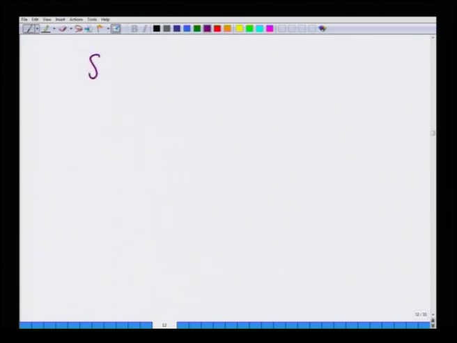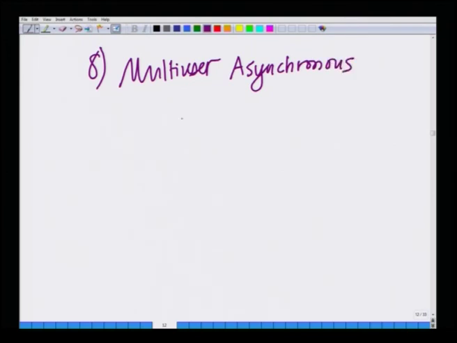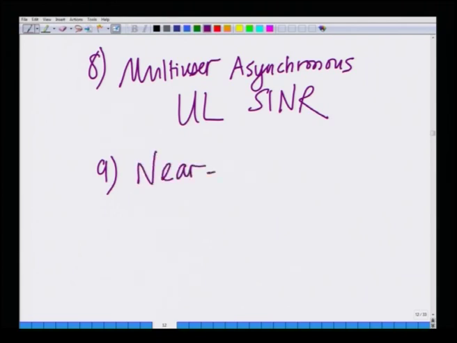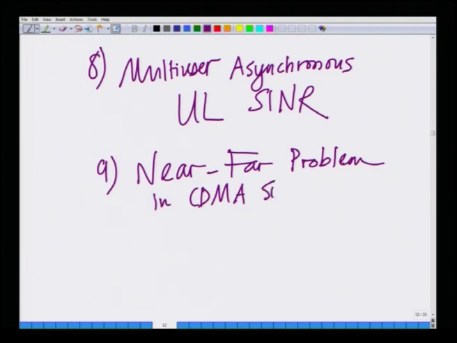We also derived the multi-user asynchronous uplink SINR, and finally we looked at a problem of CDMA system, which is the near far. We looked at the near far problem in CDMA.